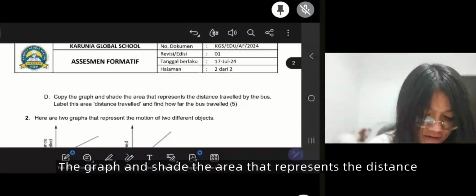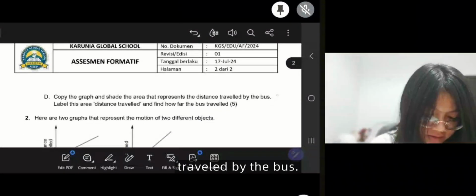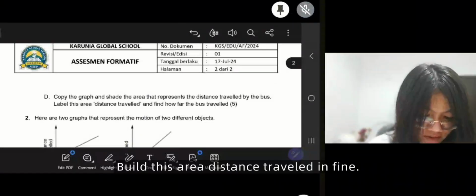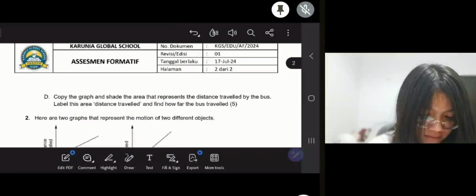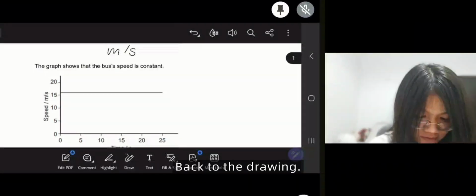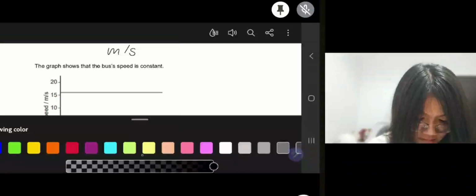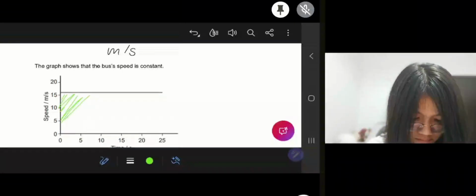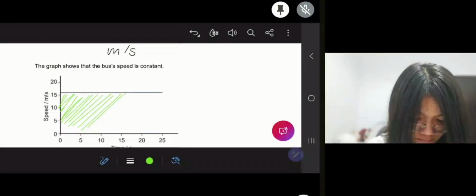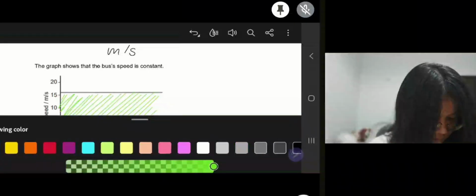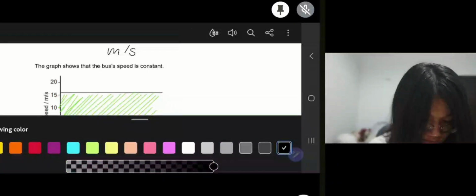Copy the graph and shade the area that represents the distance traveled by the bus. Label this area distance traveled and find how far the bus traveled. So we go back to the drawing and we shade it, and we label this distance traveled.